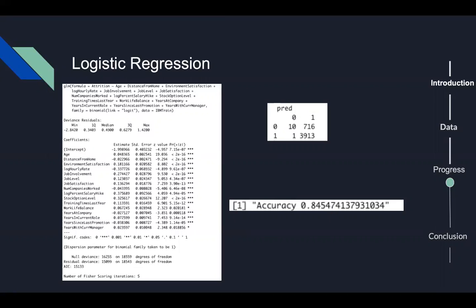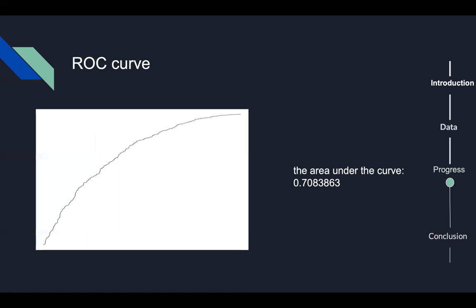The accuracy comes out to 84.6%. Then we look at the receiver operating characteristic curve, which is actually pretty good. The area under the curve is 0.71. So now I will pass to Yueting to make a conclusion.